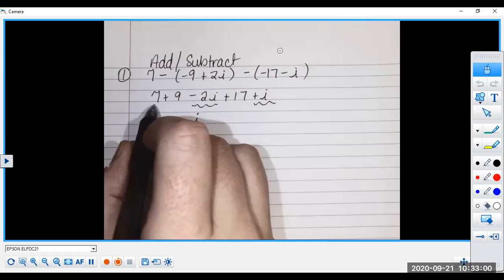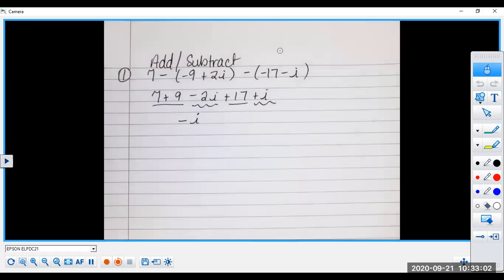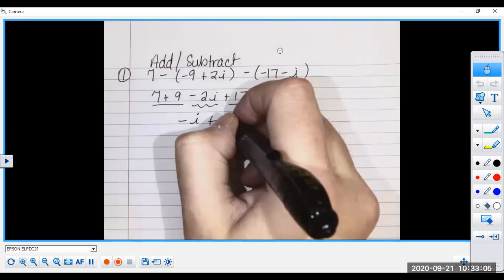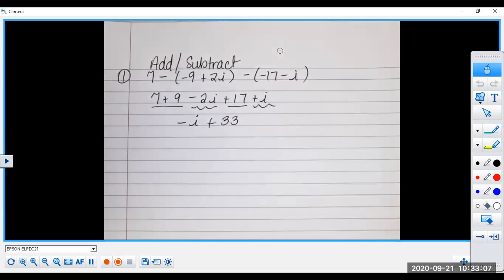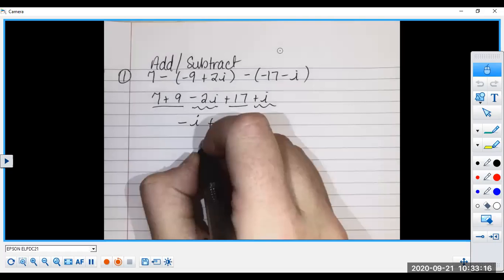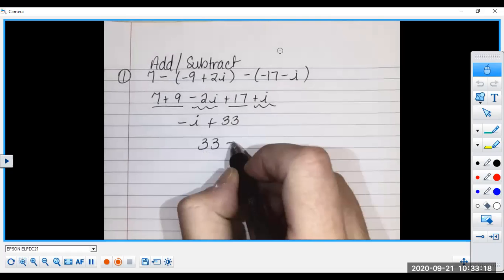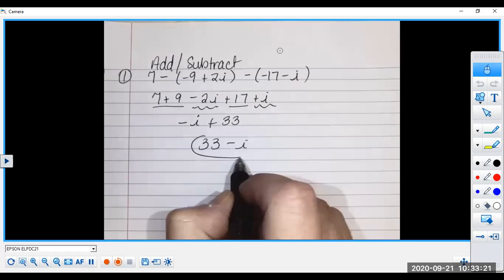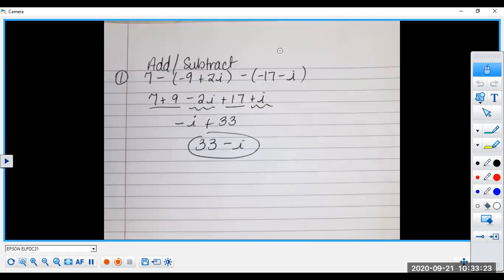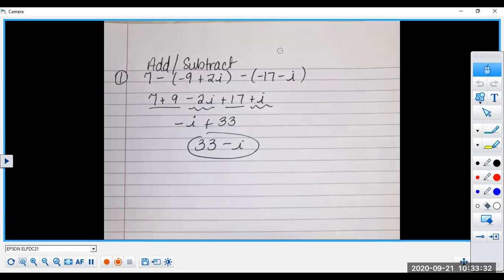Then 7 plus 9 plus 17 makes 33. If they want you to write that in standard form, what would your final answer be? You write your real part first, which is 33, minus your imaginary part, i. Okay, how do y'all feel about that one? Are y'all okay with that?